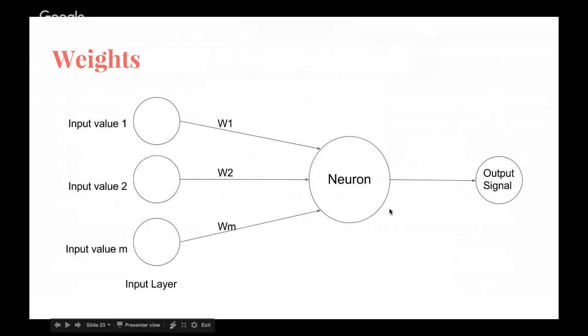So this is how a neuron looks. Later in this webinar we'll make a network of these neurons, and the weight determines how important each signal is. When we talk about training a network, or training a model, what that involves is finding the values of these weights.